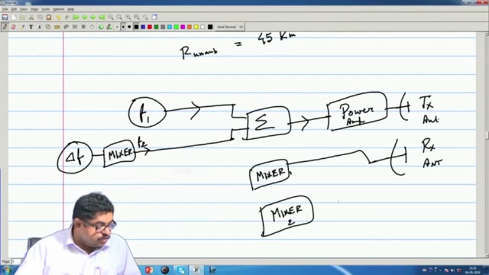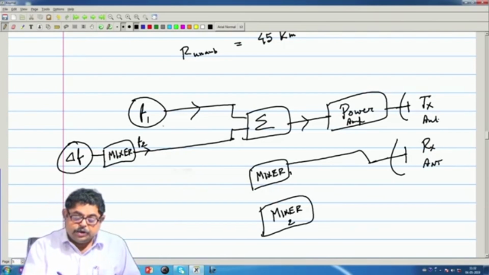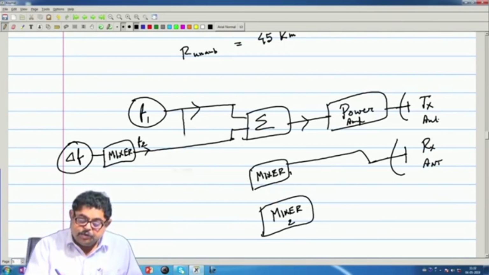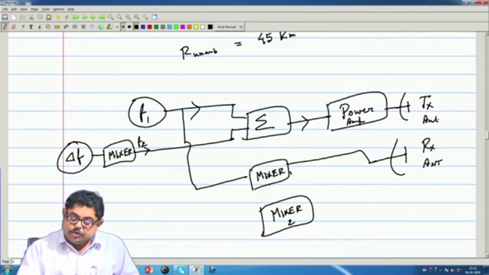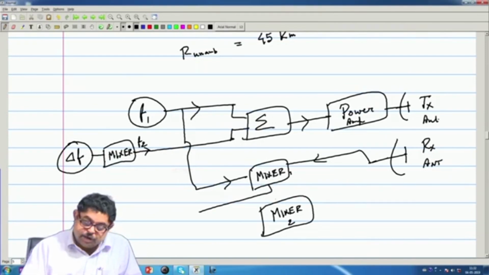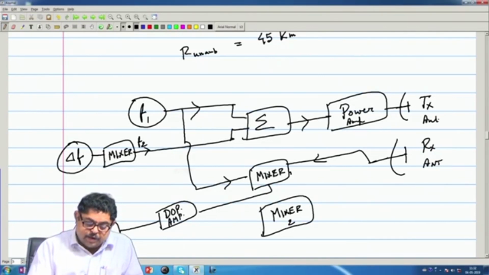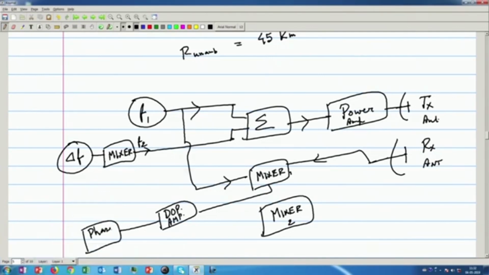From this you will take a path, and the two outputs will come. Mixer 1 output is put to a Doppler amplifier, and that is put to a phase detector.